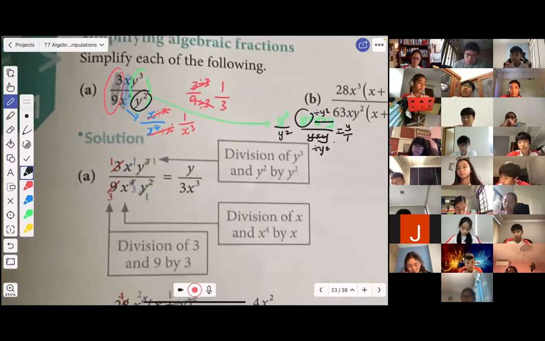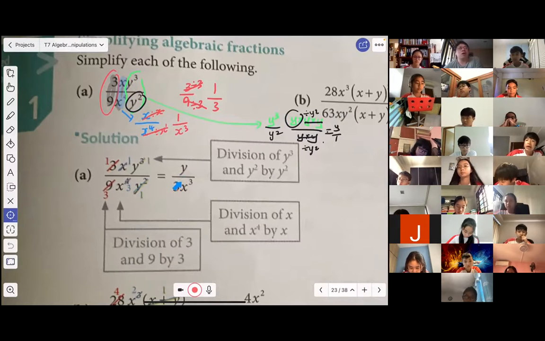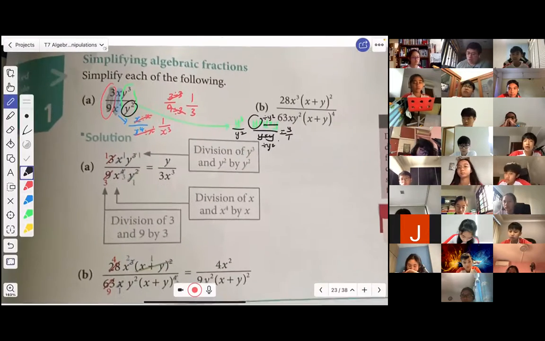So if you observe here, we are cancelling all the common factors to get the most simplified form of the algebraic fraction. Do pay close attention, because algebraic fractions involve multiplying and dividing, and the more you do, the more difficult it gets.